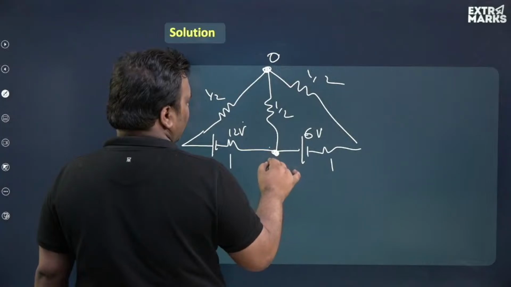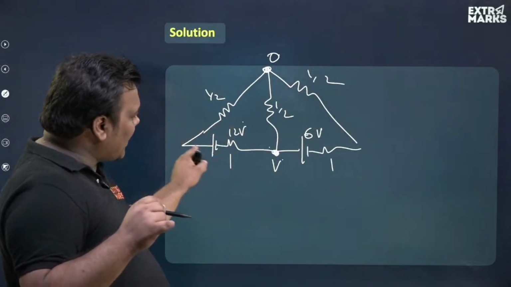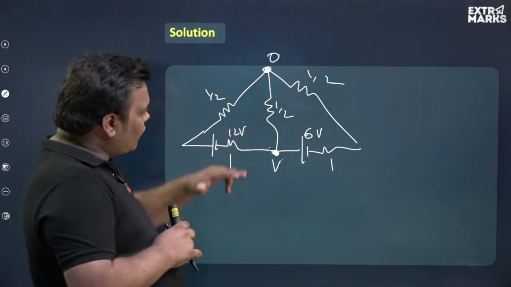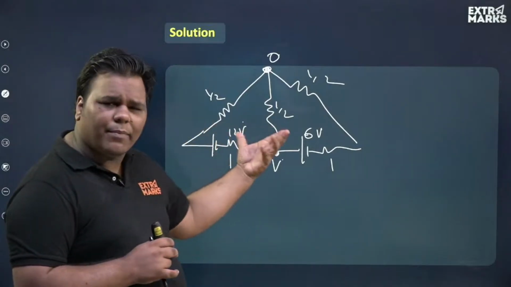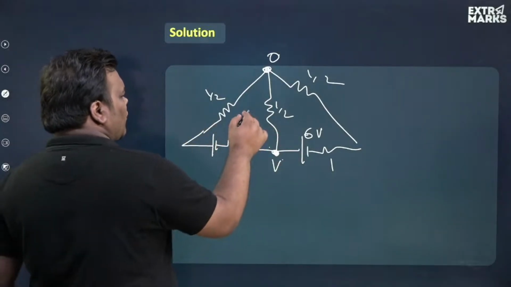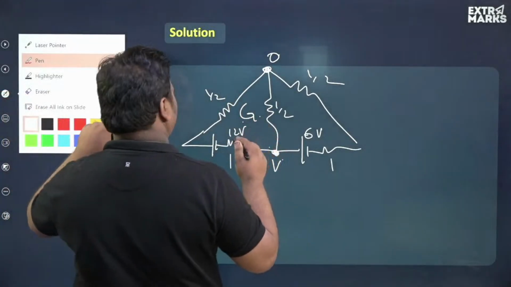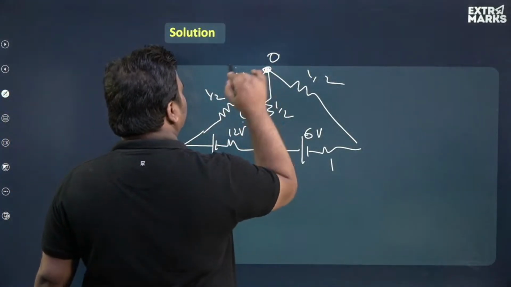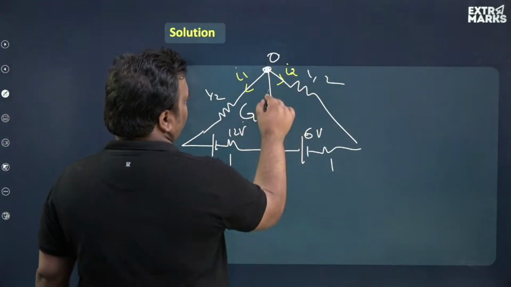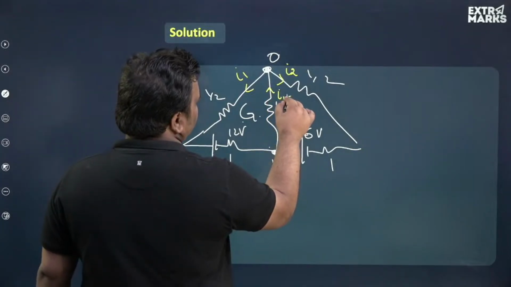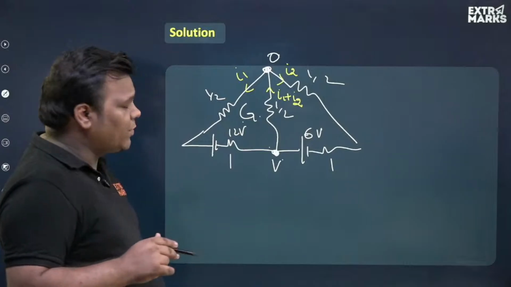Now let's assume it as V. So whatever current is coming here, the answer must be 0, or you can apply Kirchhoff voltage law. Let's apply Kirchhoff voltage law. I am saying that I1 is moving like here, I2 is moving here. So can I assume that this is I1 plus I2? Yes, definitely. I can easily assume it.